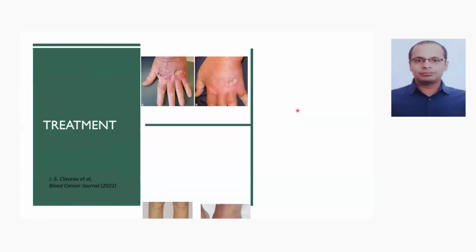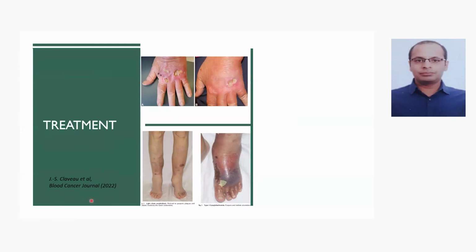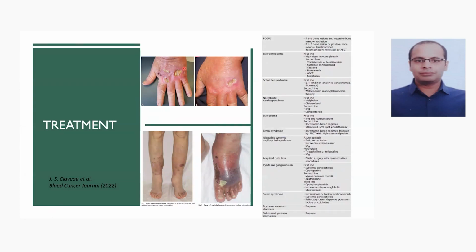What about treatment? So these are certain other patients like light chain amyloidosis, type 1 cryoglobulinemia, and this patient is of pyoderma gangrenosum. So if the POEMS is there, you give bortezomib or lenalidomide kind of a treatment followed by transplant. For scleromyxedema, IVIG and IMiDs like thalidomide and steroids are commonly used.